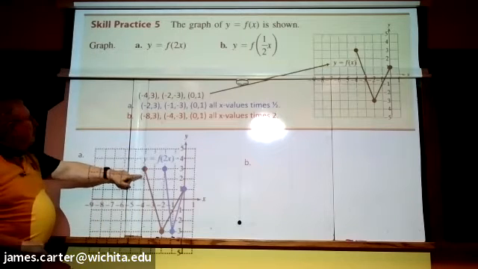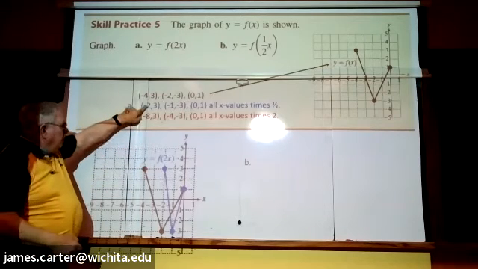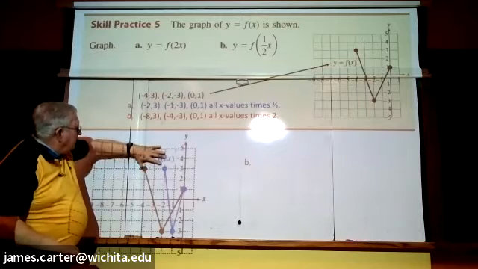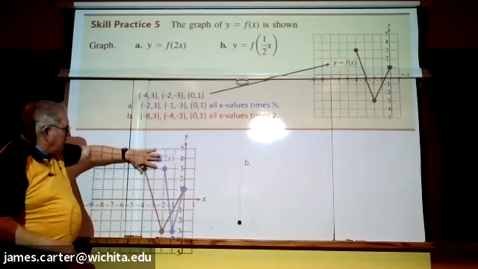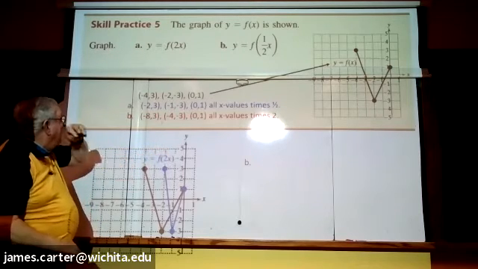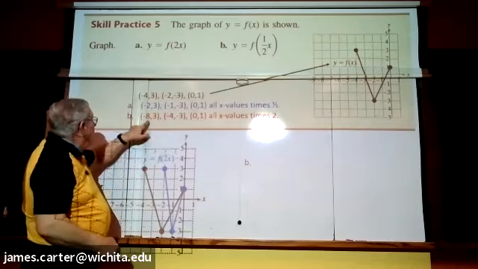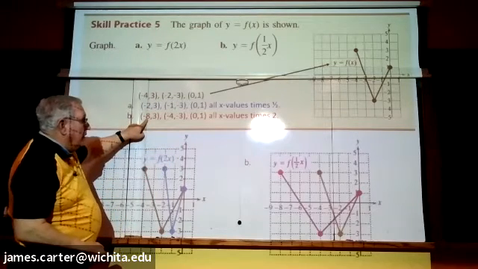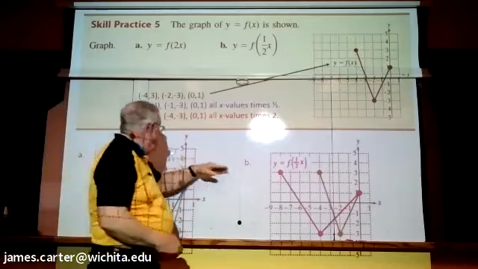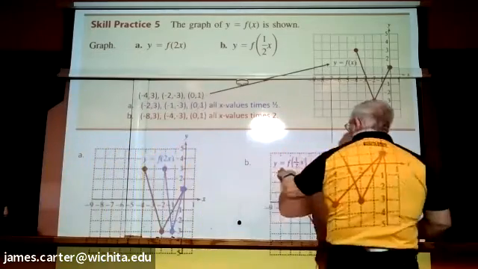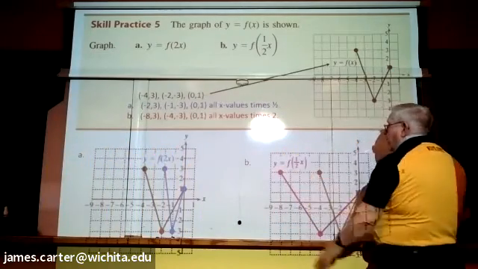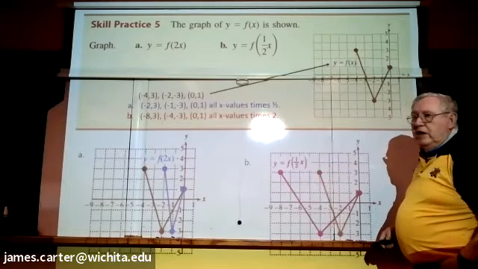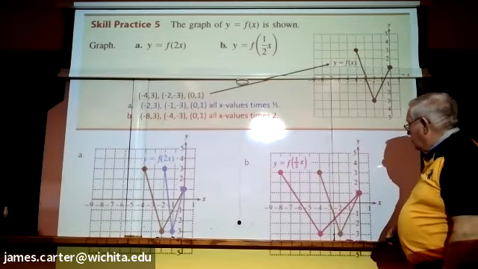Here's the graph of this one. Notice how this thing is shrinking horizontally. Okay, and in the case of this one, still the same height, but it's getting spread out, doubled in fact, its original width.